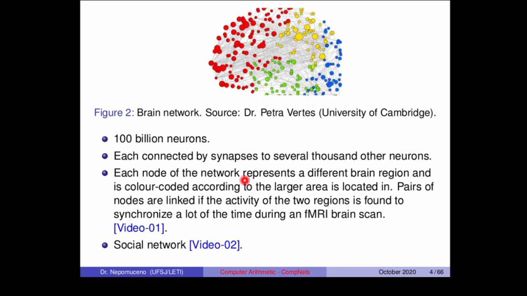Each node of the network represents a different brain region and is color-coded according to the large area where it is located. Pairs of nodes are linked if the activity of the two regions is found to synchronize a lot of the time during an fMRI brain scan.